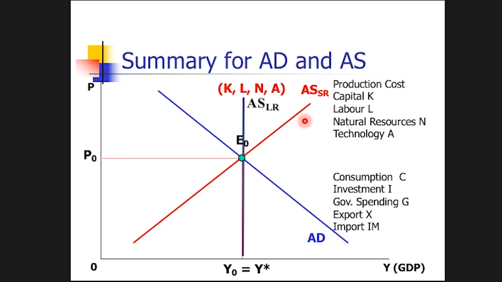For the short-run aggregate supply, we have the upward slope, and it depends on the production factors as well, and changes will lead to the shift of AS. So remember that slide number 21 is a very important slide to summarize the main factors for the model, including the main factors of changes in AD and also in AS.